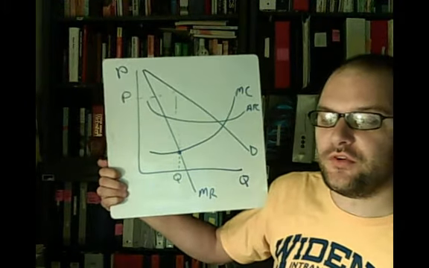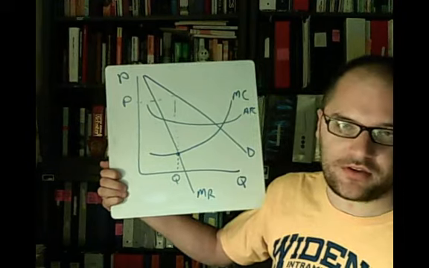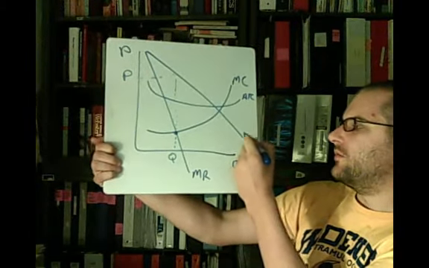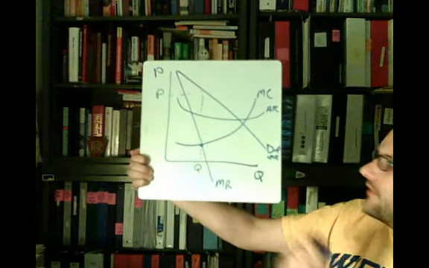Now, what if we forced it to be like a perfectly competitive firm? Well, if that was the case, then the demand curve would not only equal price, but it would also equal marginal revenue.